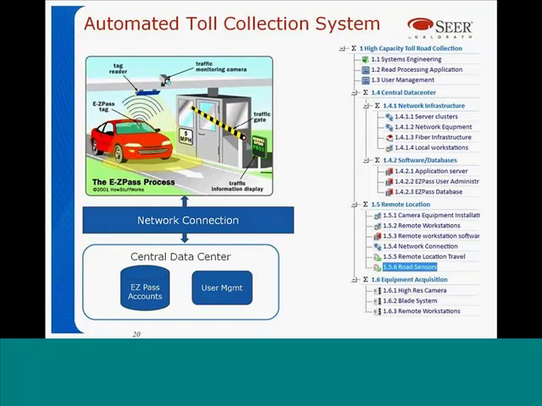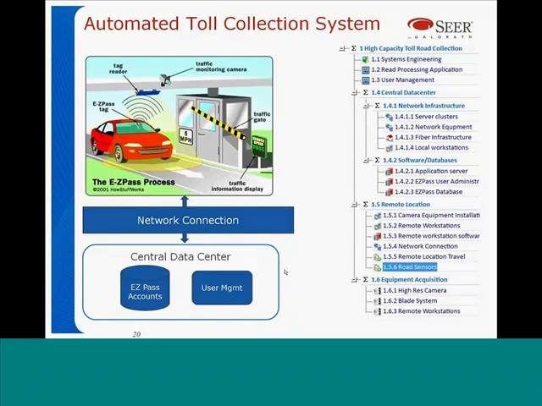You also will maybe have some optical systems that will take pictures of the cars that maybe just crash the gate so they can get your license plate number. And what's not seen is all this data gets passed through a network connection to some sort of data center that reconciles your passage with accounts and does all the billing.